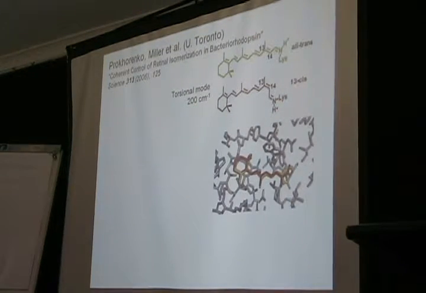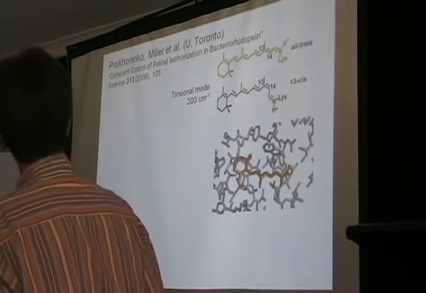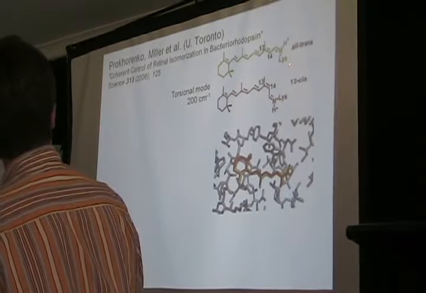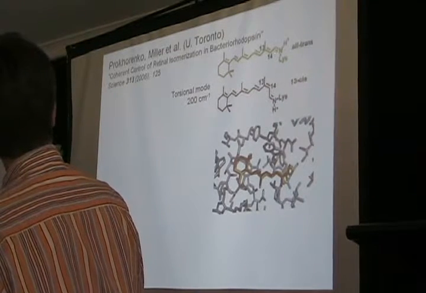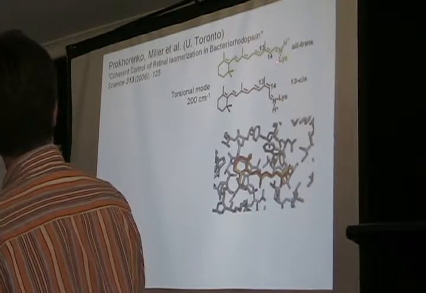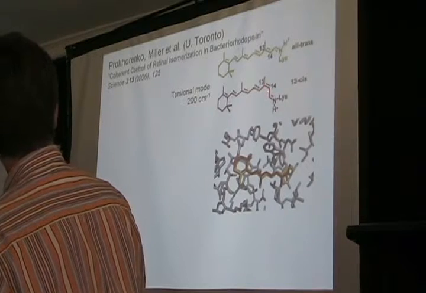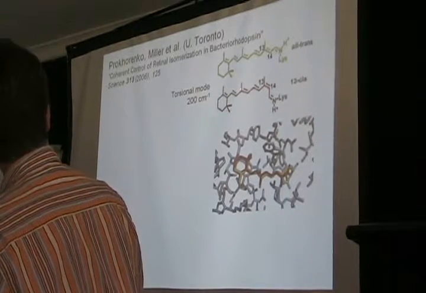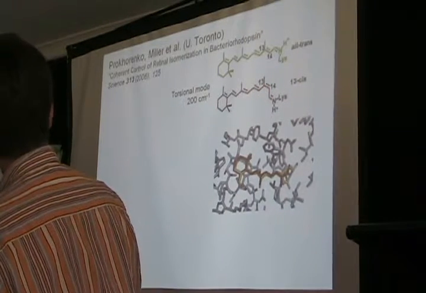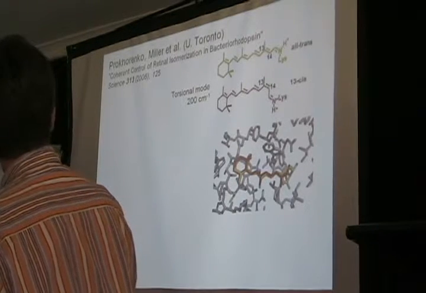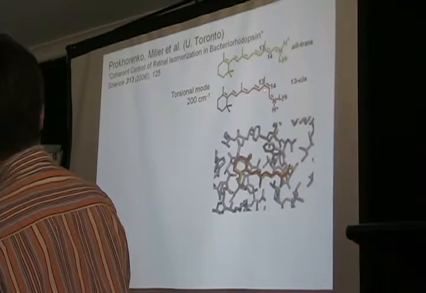I want to draw your attention and make some advertisement for very nice work by the Miller Group from Toronto. They looked at retinol in bacteriorhodopsin, which undergoes an isomerization. You will notice that this is just one half of a beta-carotene, so the system is related.